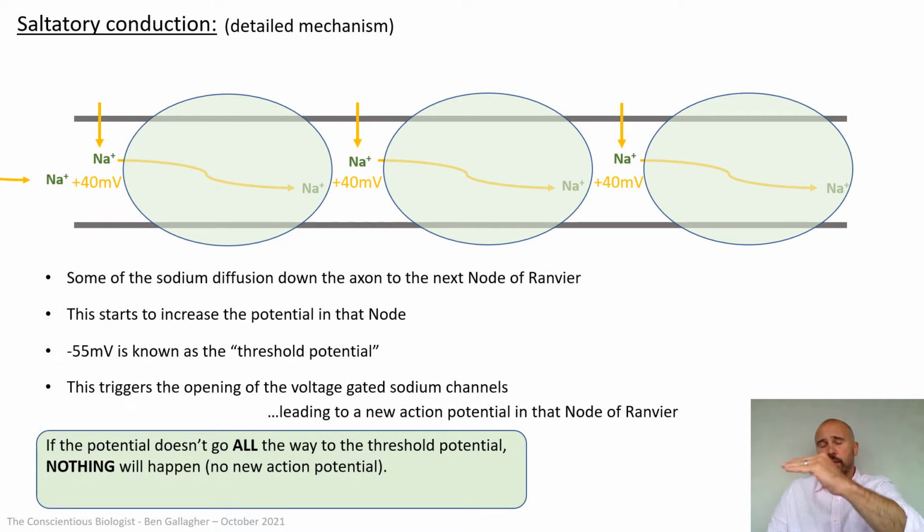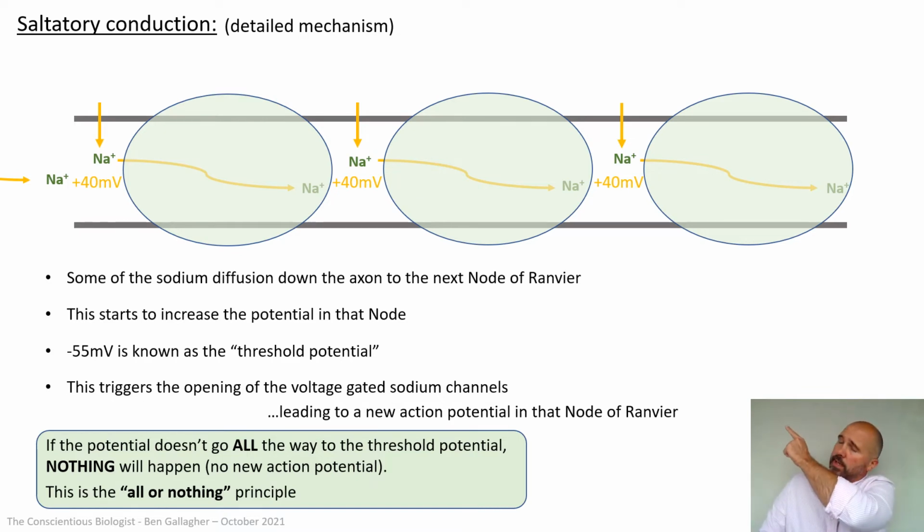It has to hit that threshold or it won't work. So if your action potential at the first gap isn't enough to bring in enough sodium for enough to diffuse down, that's where the signal stops and nothing further will happen. It has to take the next node of Ranvier all the way to -55, or nothing will happen. That's called the all or nothing principle.